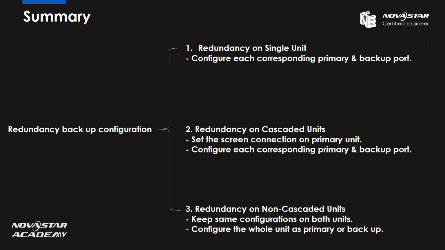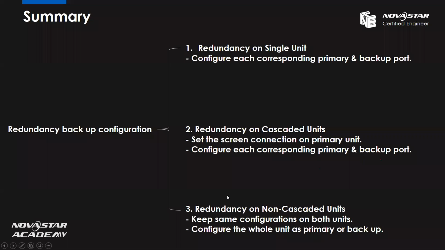So the cascade ways are different. For the redundancy configuration, we need to set the screen connection on primary unit only. And then the same as the single unit, configure each corresponding primary and backup port in the software. We need to configure each port one by one.